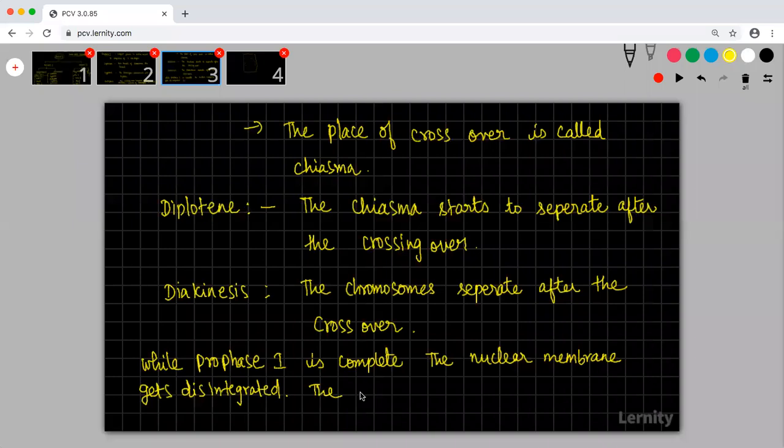The cell organelles are lost. So this is what is happening when your prophase 1 happens.